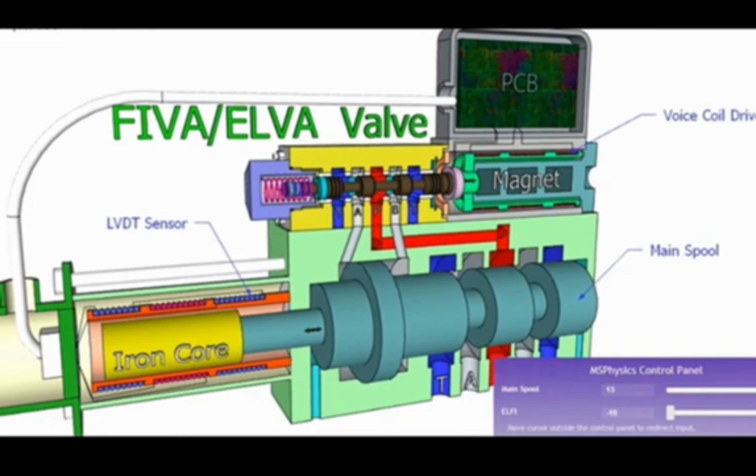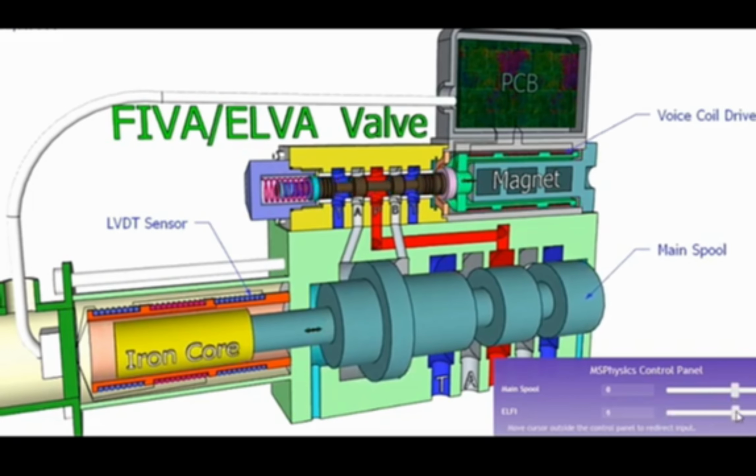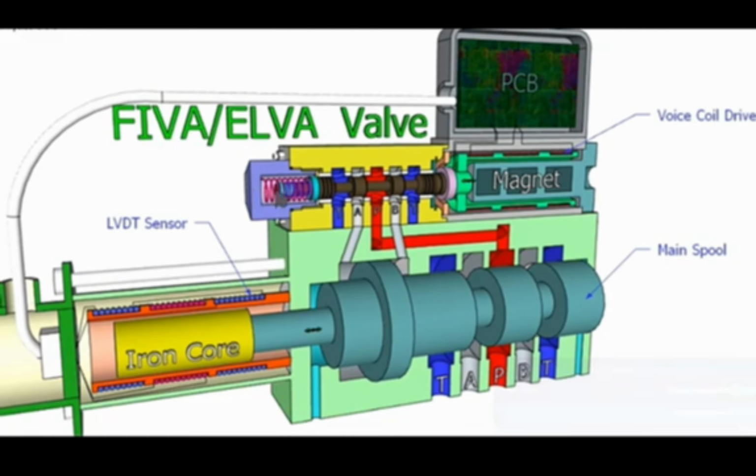And as a feedback sensor they give an LVDT sensor for the main spool, and the FIVA valve also has a sensor, the pink colored one, you can see near the voice coil drive. In a few seconds I will explain how the voice coil drive is working. And this self-centering spring is for fail-safe.